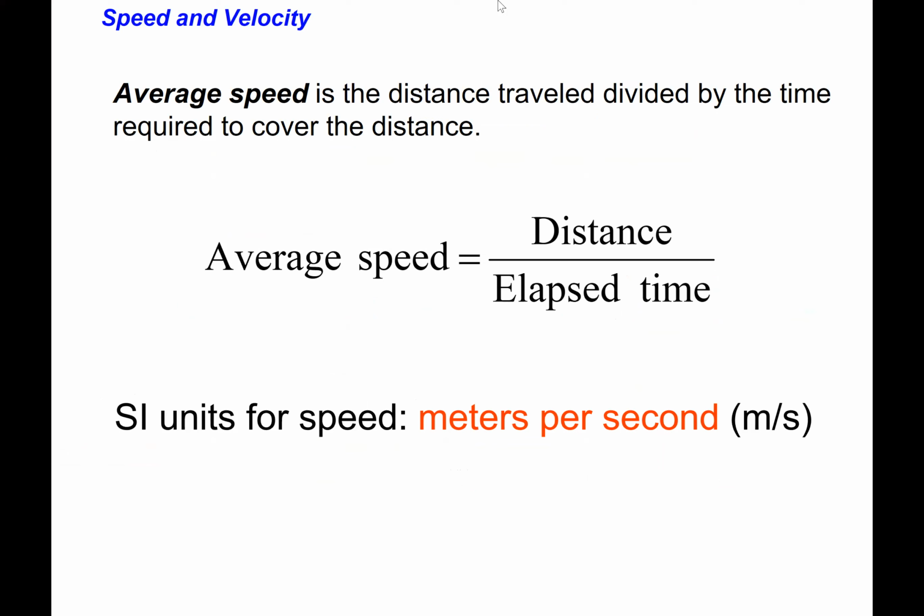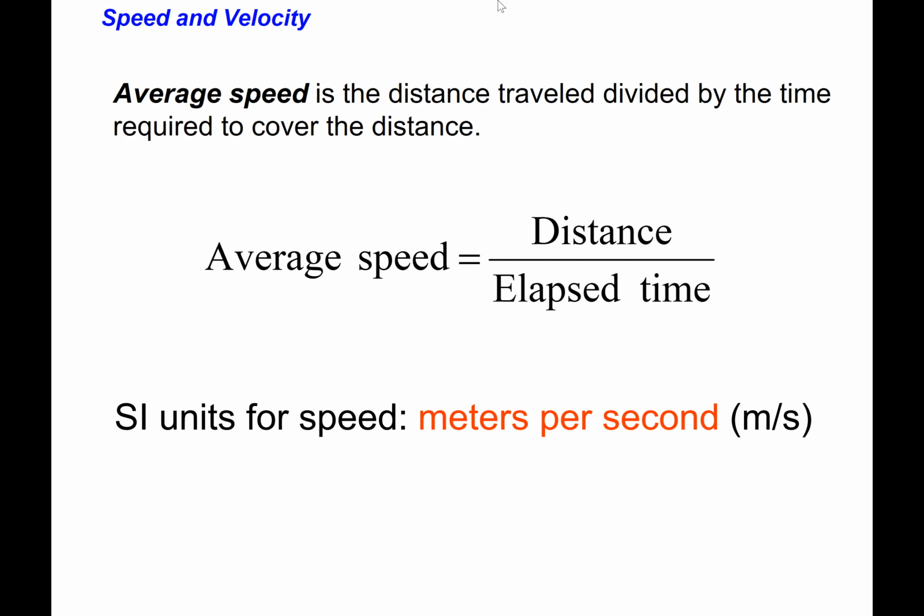The important thing to note here is that speed is a scalar, and by scalar, we mean that we're not considering the direction. So average speed then is simply the total distance traveled divided by the elapsed time.